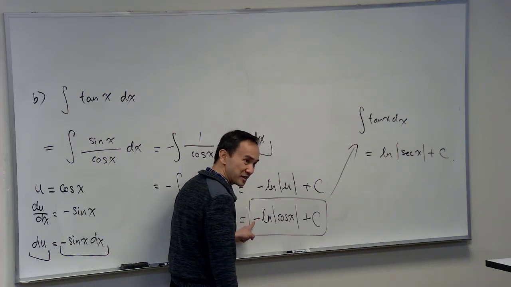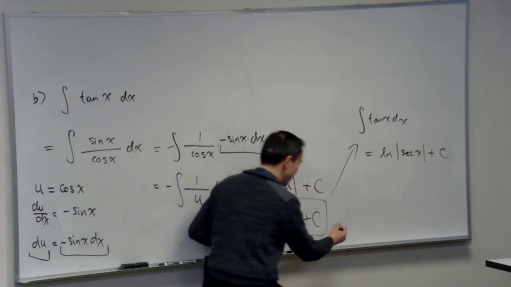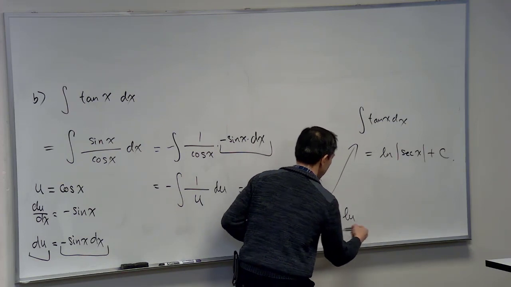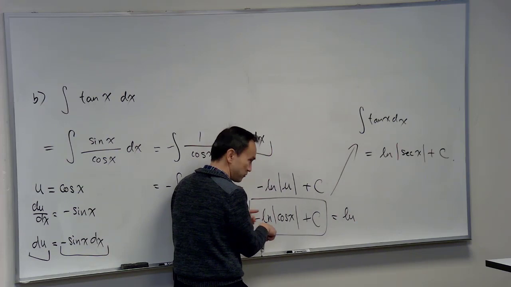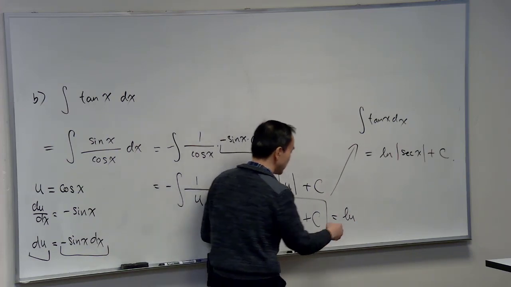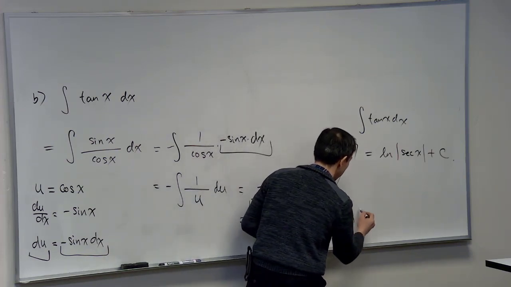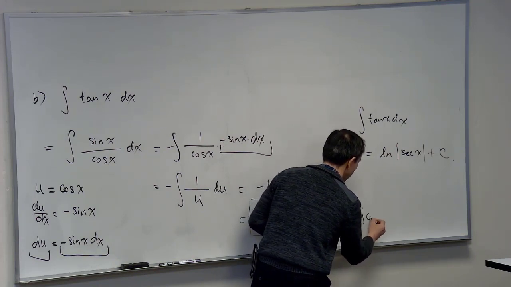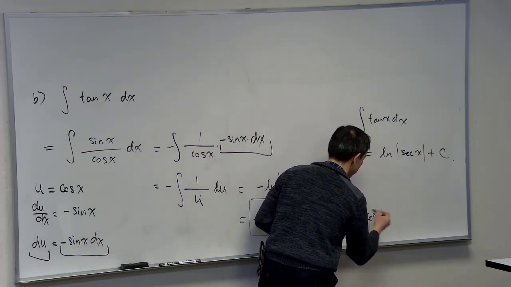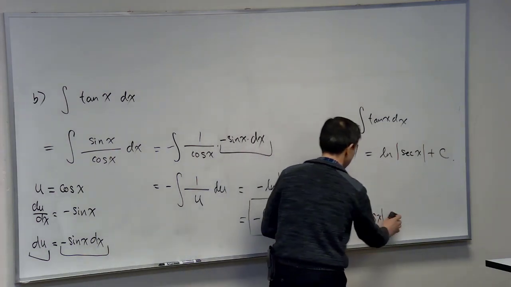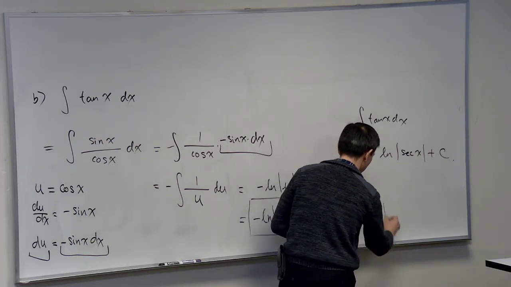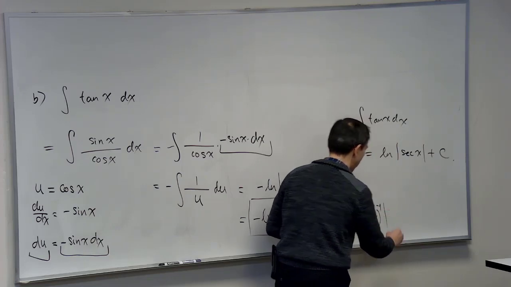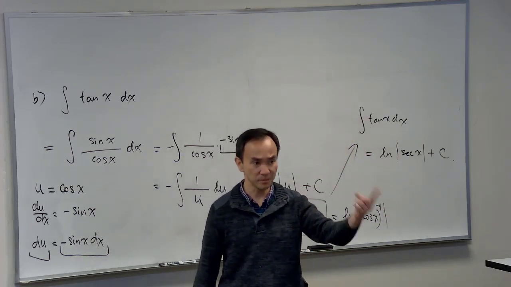Remember that negative sign here? The negative sign really means we can bring the negative, because it's a -1, with that coefficient and with the property of logarithm. We can write this as a natural log of the absolute value of cosine of x, but then to the -1 power, to take the reciprocal of that.